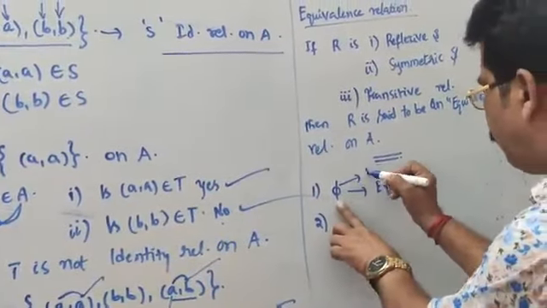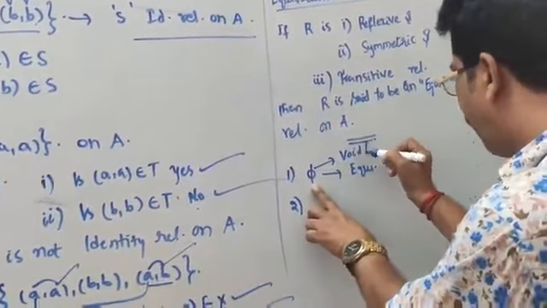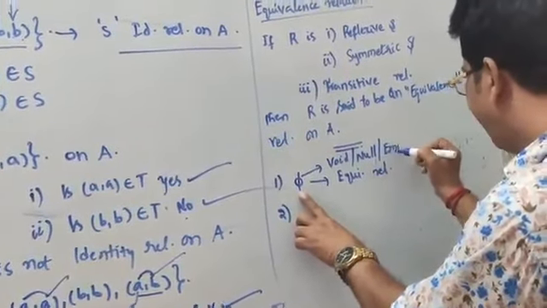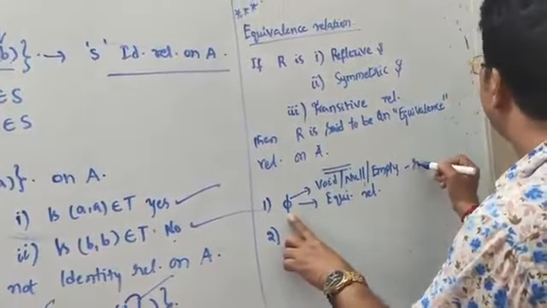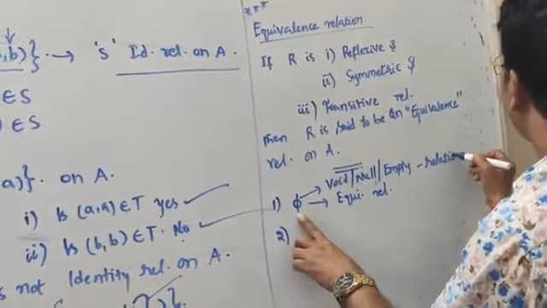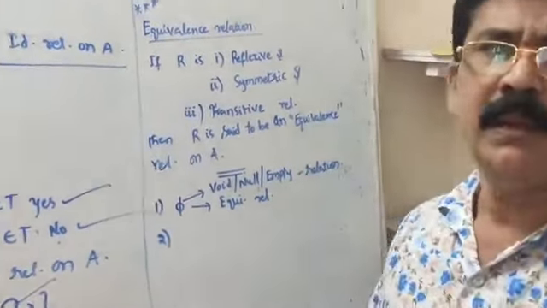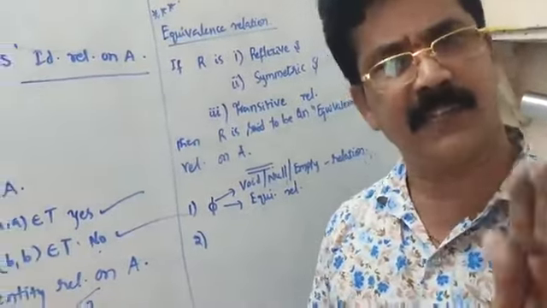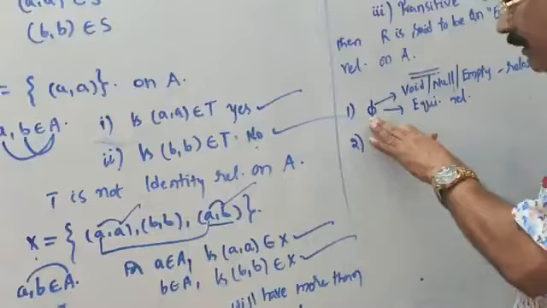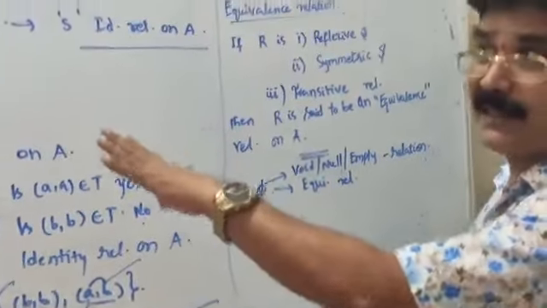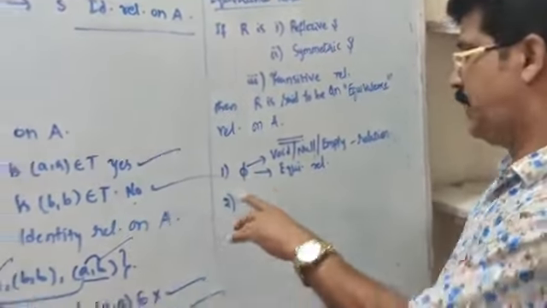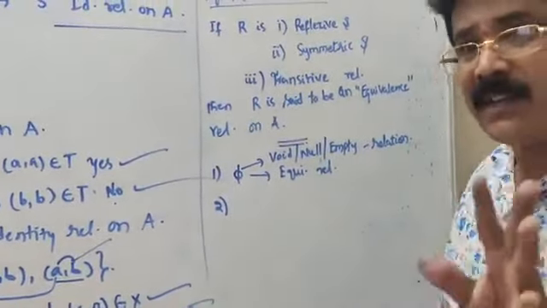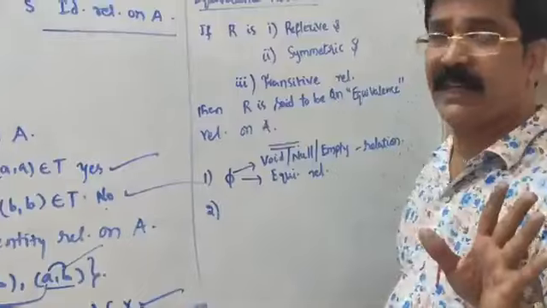Actually, it is called void or null or empty relation. Null set is a subset of every set. In the relations topic, phi is called void relation or null relation or empty relation.